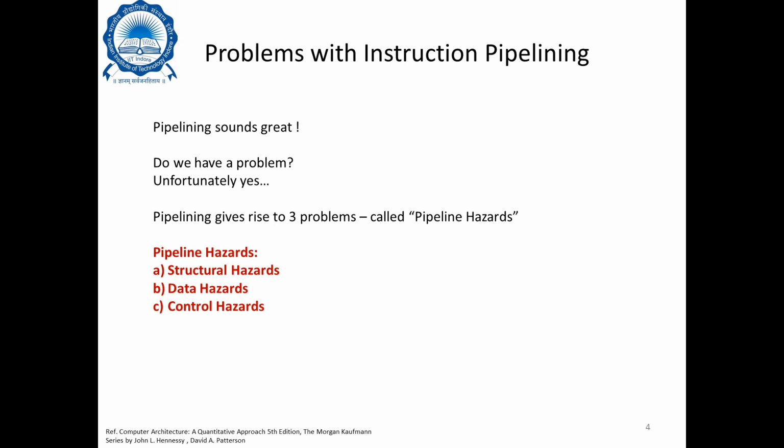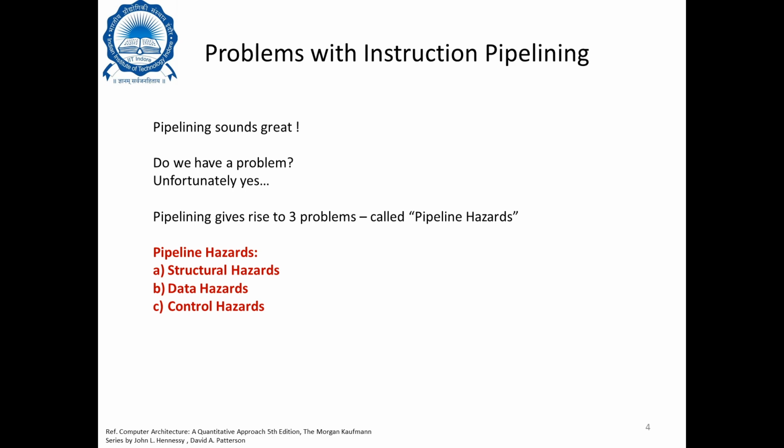So far everything sounds great, that we could divide instructions into different pipeline stages to enhance performance. So do we really have a problem now? Unfortunately yes, even though it sounds great, we still have several problems. So pipelining may give rise to three significant problems which are collectively known as pipeline hazards, or you can also call them pipeline interlocks.